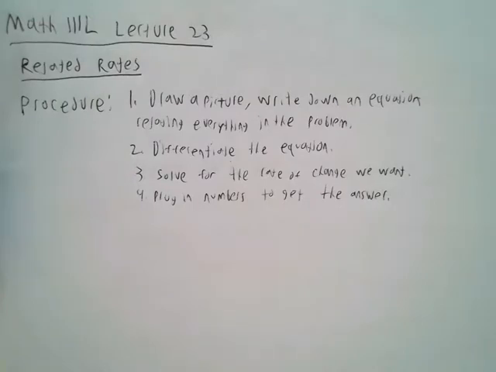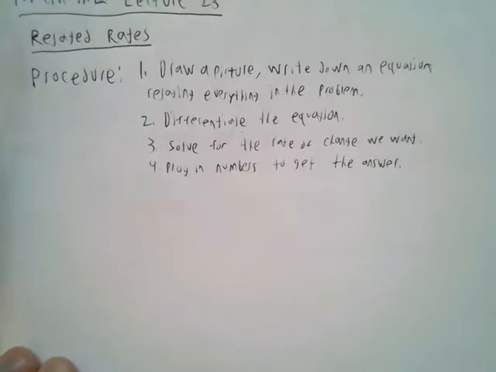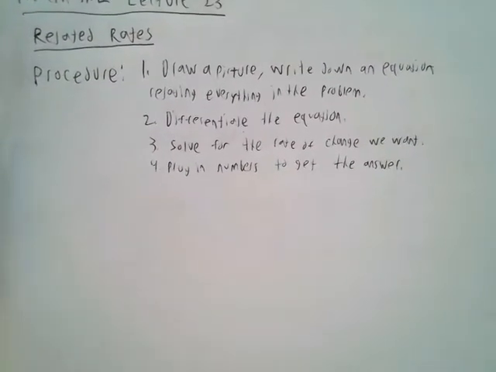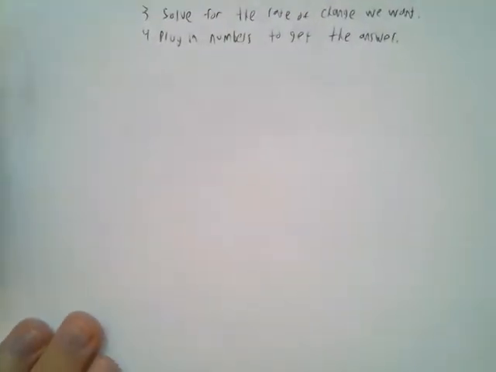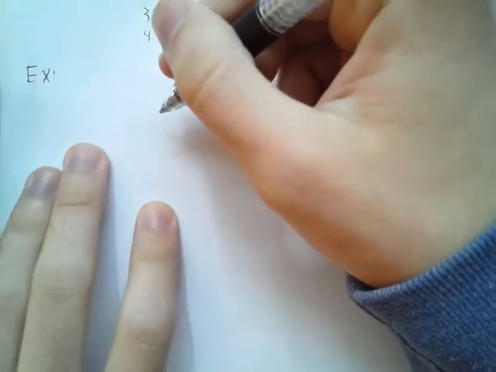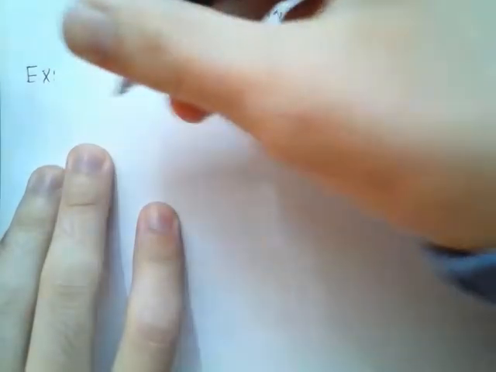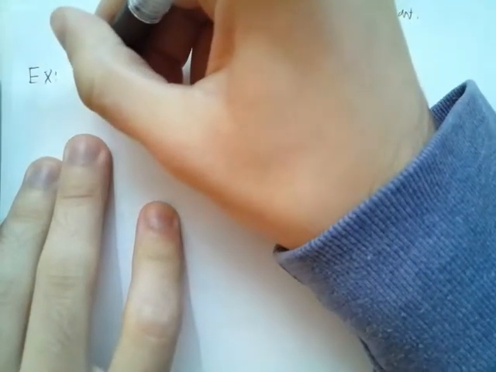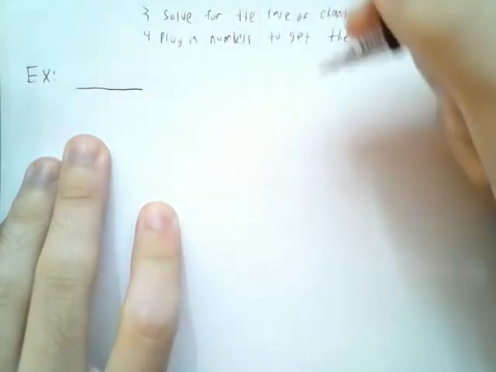So my plan for this video is just to introduce these ideas through a couple of examples, and we'll see many more examples in class and also in homework and so on. So for the first example, we're going to suppose that we have two cars.